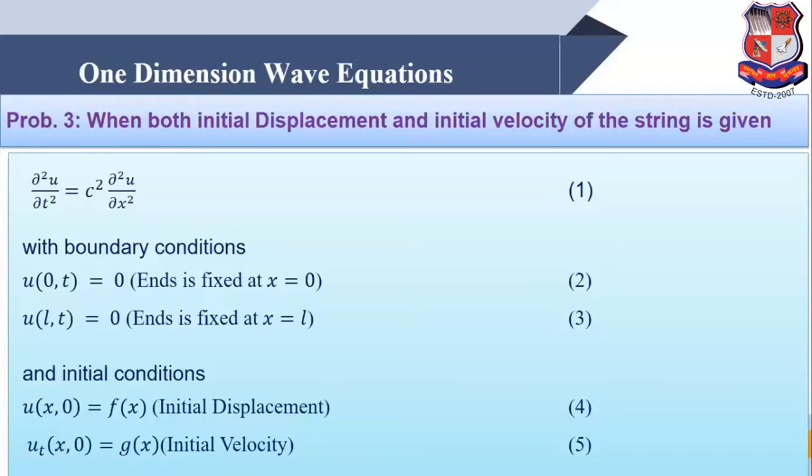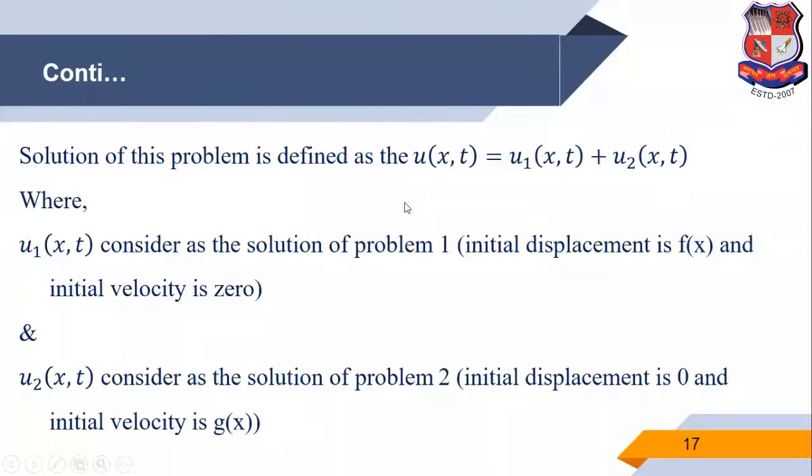So the mathematical modeling of this type of problem is defined as the one-dimensional wave equation, equations 1, 2 and 3. The boundary conditions are similar for all problems. And for the initial conditions, displacement we consider as one function f(x) and velocity as another function g(x). Now the solution of this problem we define as u(x,t).